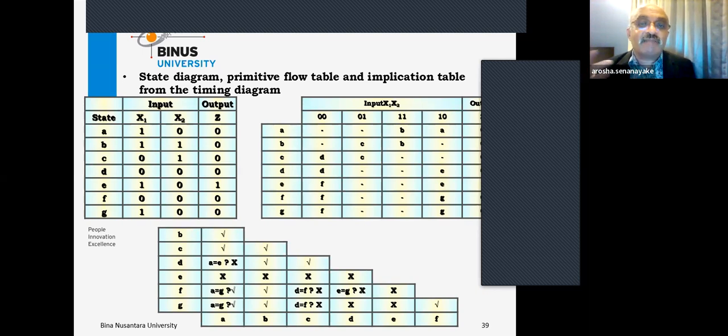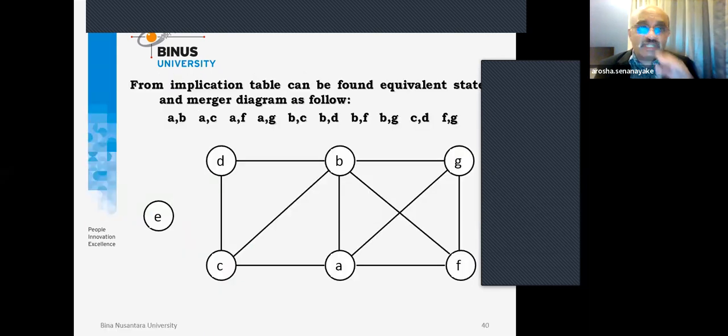The merger diagram and implication table are fundamental. I don't say others are not fundamental, but if you don't know these, you will not be able to go through the circuit design. I think my time is up, or I have more time.